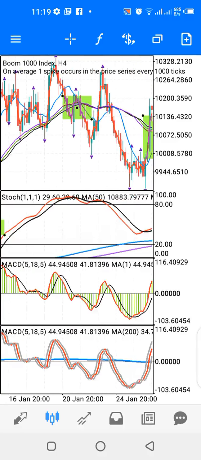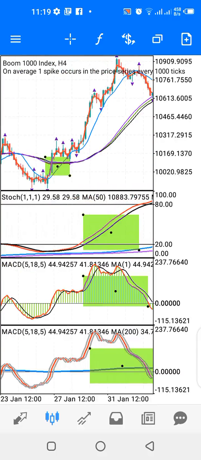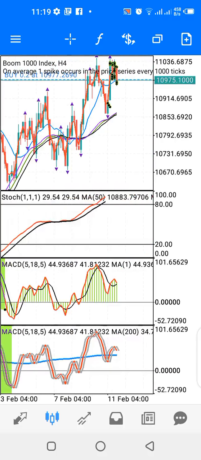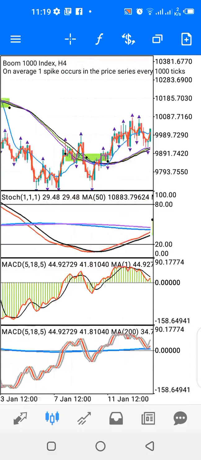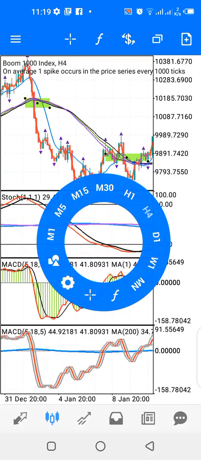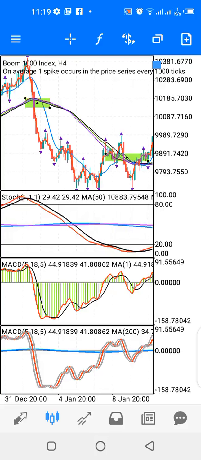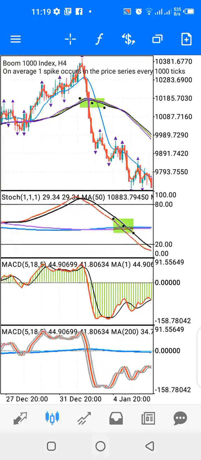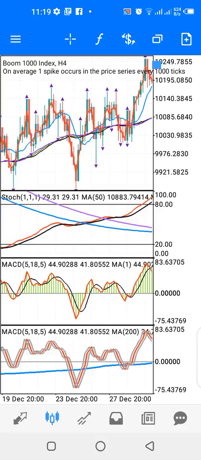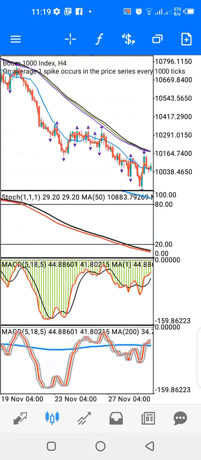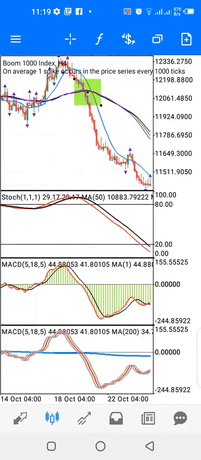You can see after the crossing, price continues upward. Then when the black and red lines cross down the blue and purple line, we expect the development of a bearish trend. And when it crosses up, expect a bullish trend.